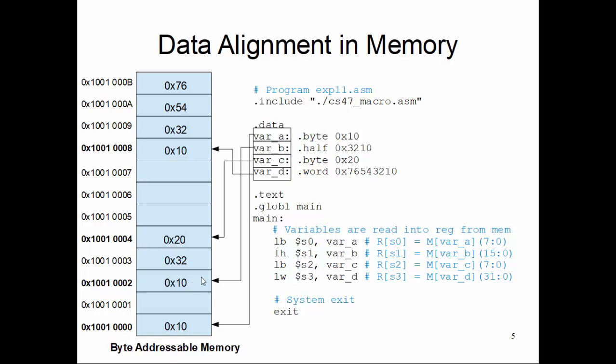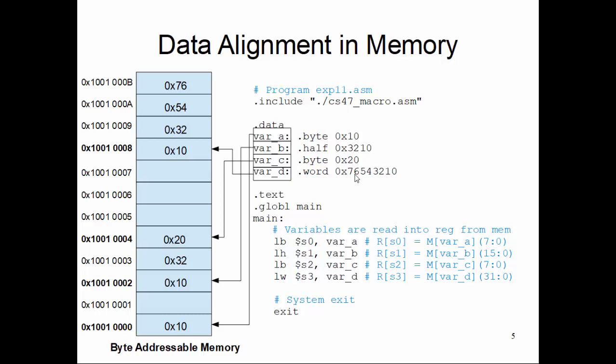This is the little endian convention, 3210. Then next, VAR C, I'm requesting as a byte, and the next available address after placing my half word is 0004. I'm not repeating that 1001, it's there. So 0004 is my next available address, and a byte can be placed anywhere, so it will just be placed on that 004 address. My next free address becomes 0005. At this point, I'm requesting the assembler to lay down a full word.